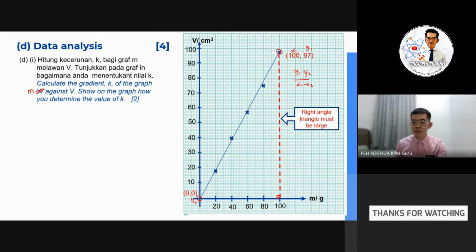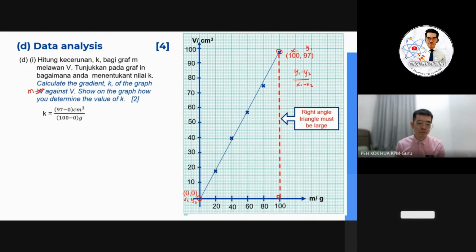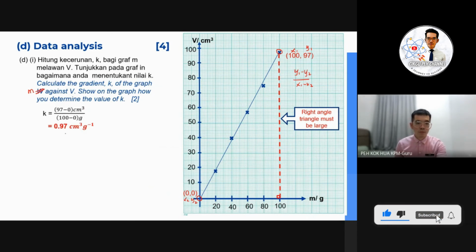My x1 will be here, my x2 will be here. So I just substitute into the formula. So I get my reading here will be 0.97 cm cube per gram. So you must give the correct decimal places with the correct unit here.